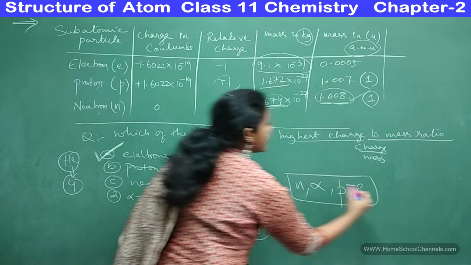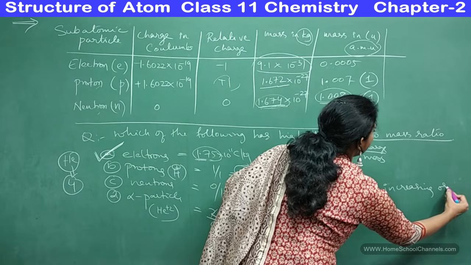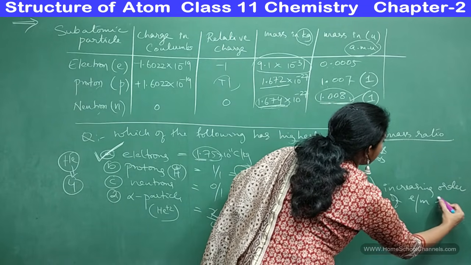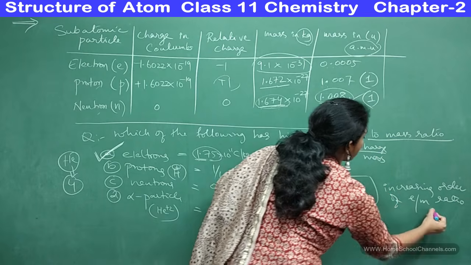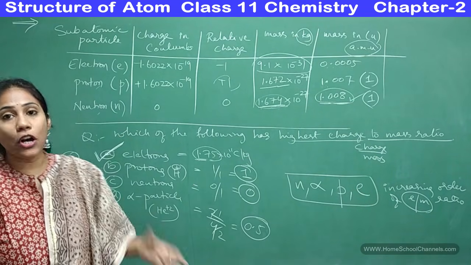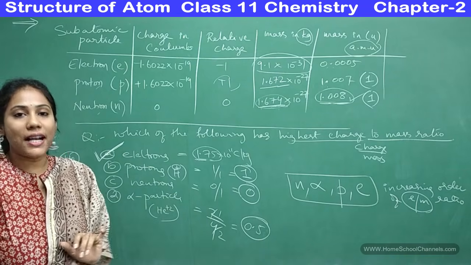So this is the increasing order of charge to mass ratio. This is a very famous and very common question, so this is how you must be able to find charge to mass ratios.